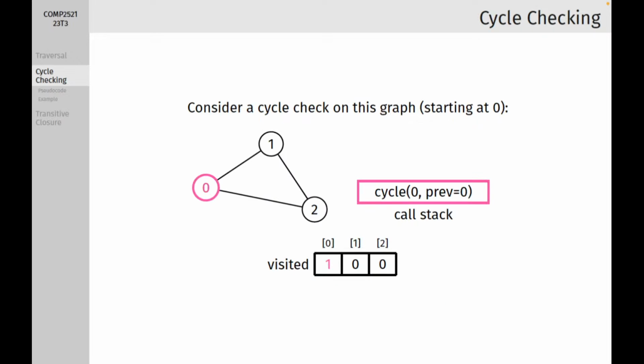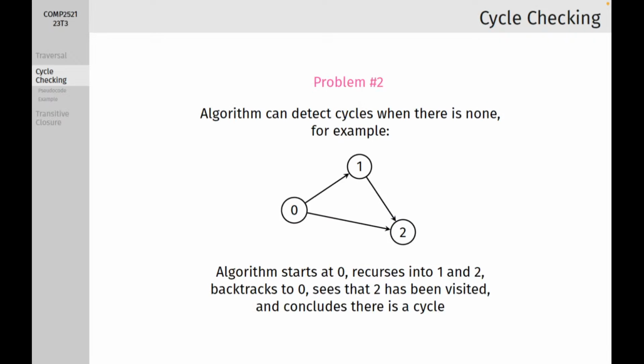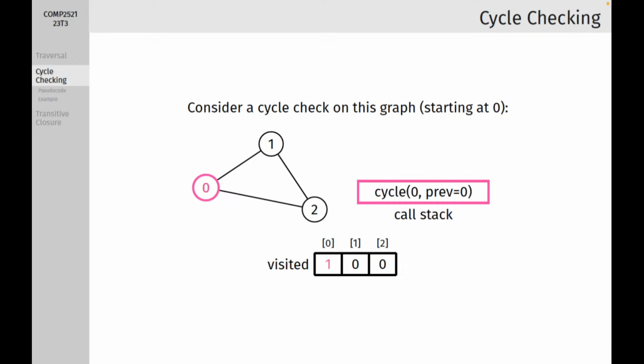So first of all, let's have a look at what would happen if the graph was undirected. Right, so if we just had this graph with edges between 0, 1, and 2. Right, so here's just a visualization of how our undirected algorithm would work. So we're starting at 0.